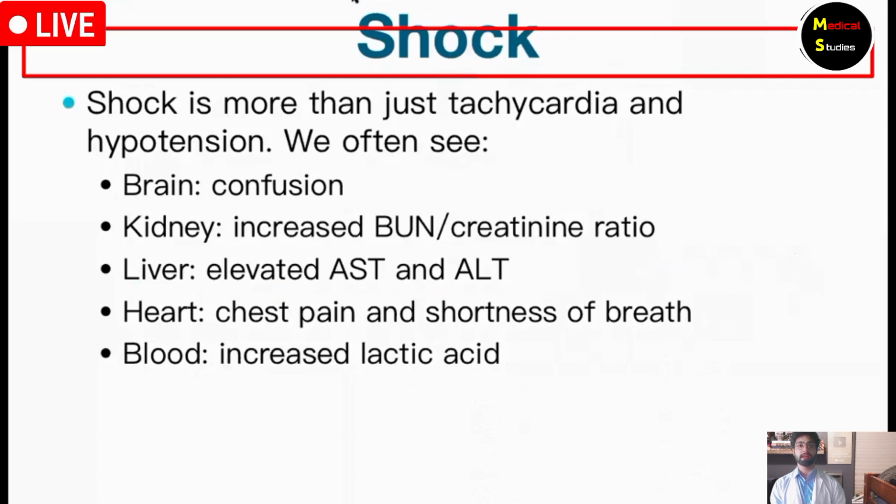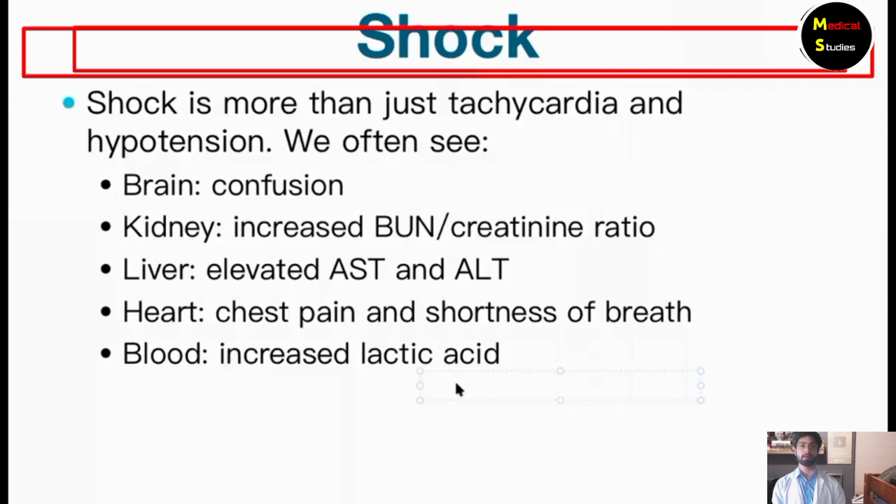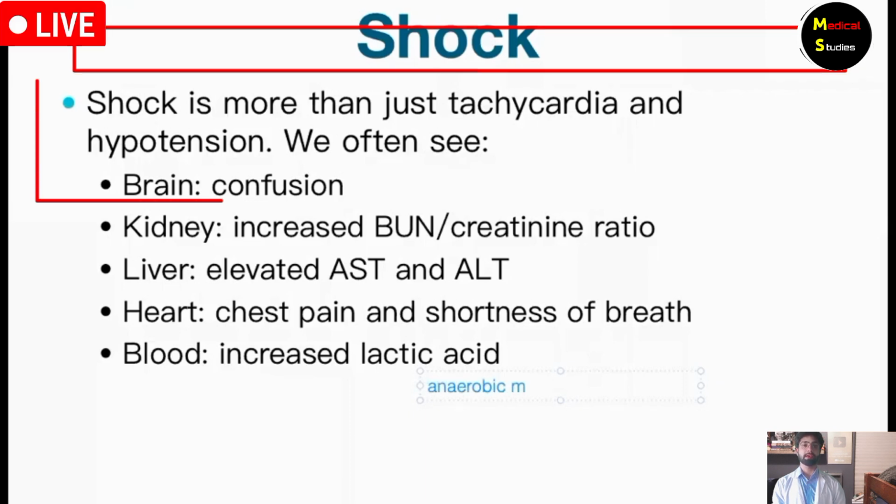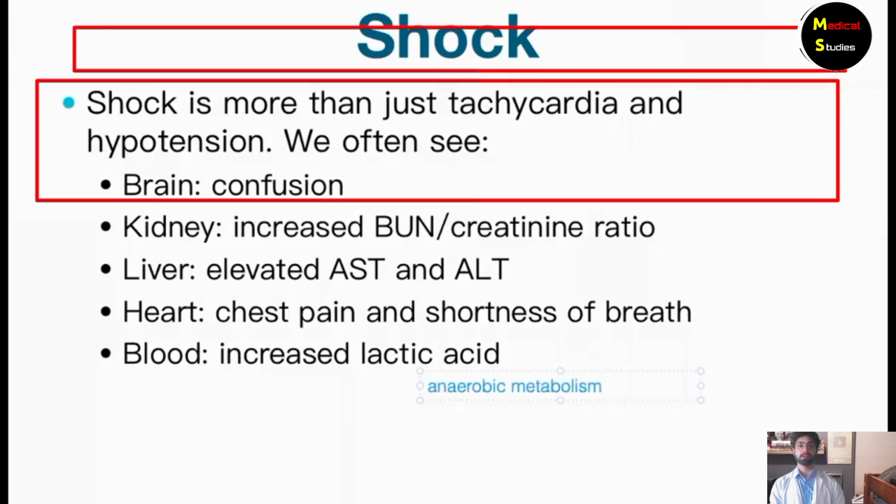Now we will discuss the pathophysiology and types of shock, that is, what types of shock there are and what their pathophysiology is. Shock is described as a state of imbalance between tissue substrate delivery, supply, and tissue consumption and demand. I already mentioned this important sentence.